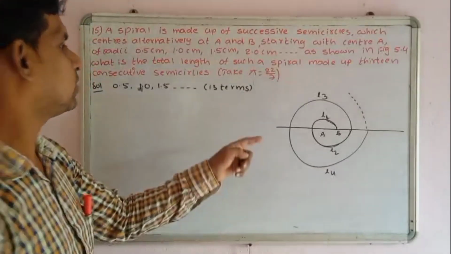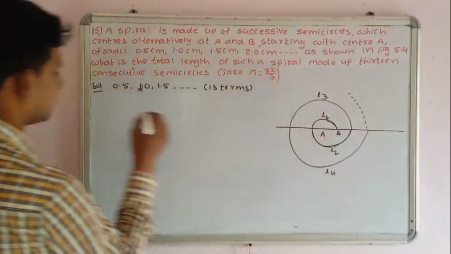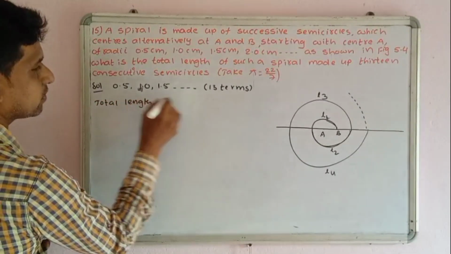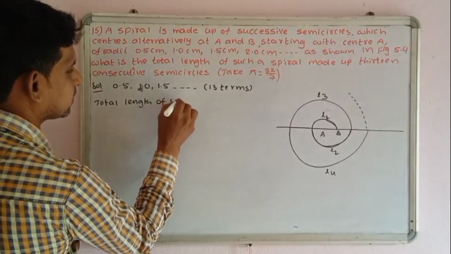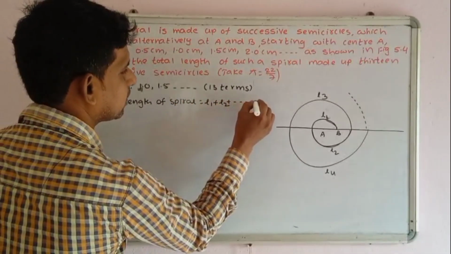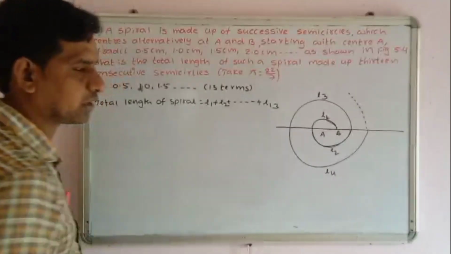Say the length of the first semicircle is L1. The total length of the spiral equals L1 plus L2 plus so on up to L13.